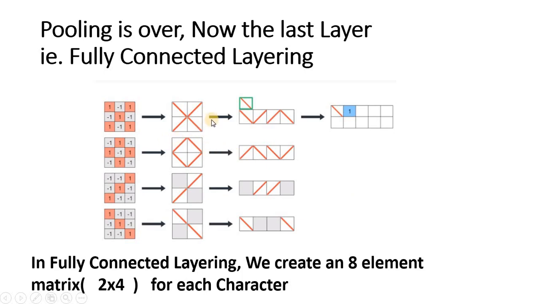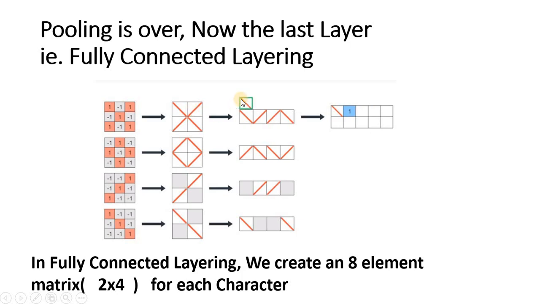Now pooling is over. The last layer is called the fully connected layer. So what is the fully connected layer? Whatever you got right now, the 4 different pooled characters, you create a matrix.